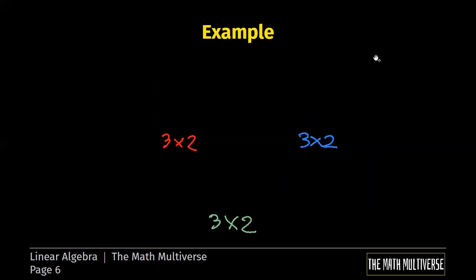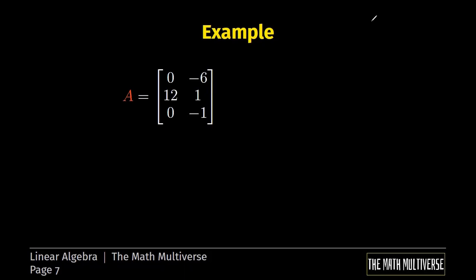Here, of course, I need to cancel my 3 times 2. So let's go a little bit further with our examples. Here we have a 3 times 2 matrix again, but our matrix B is a 2 times 3 matrix. Let me write this again, just to make sure that we are all on the same page.